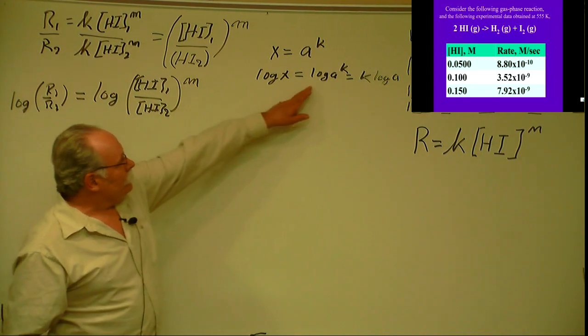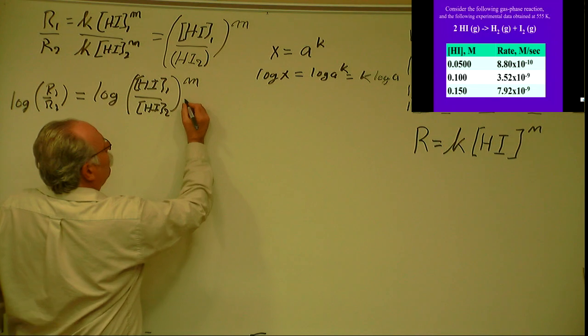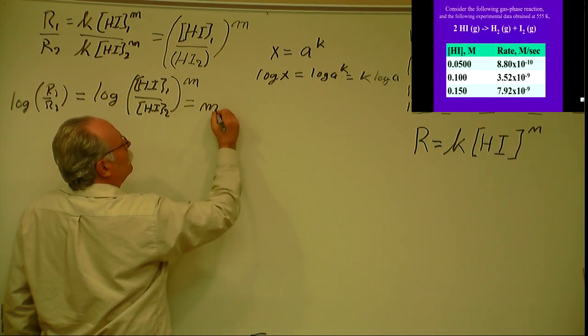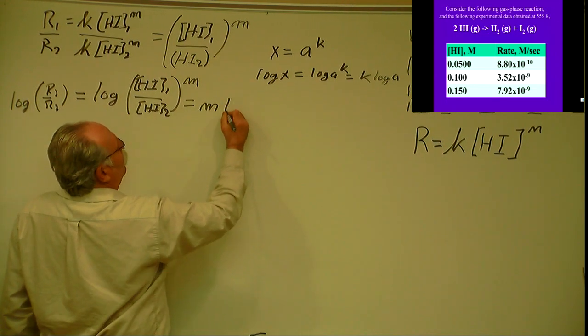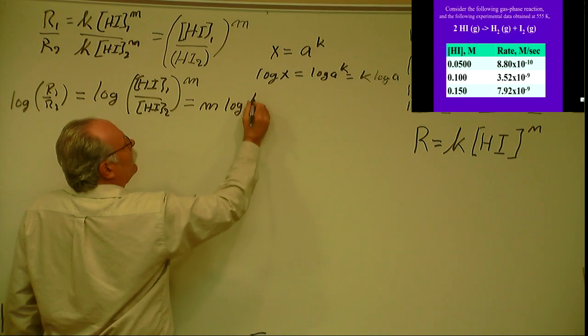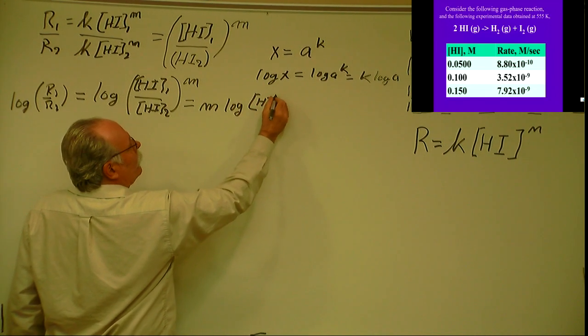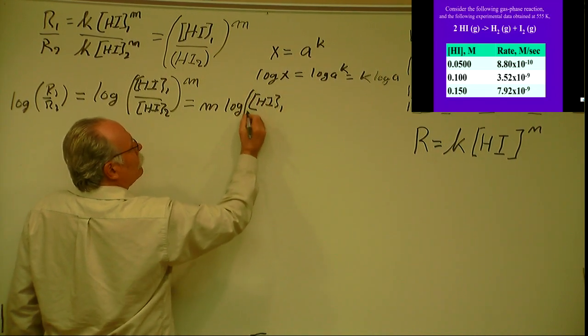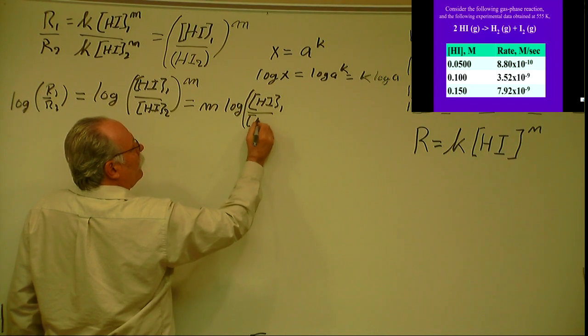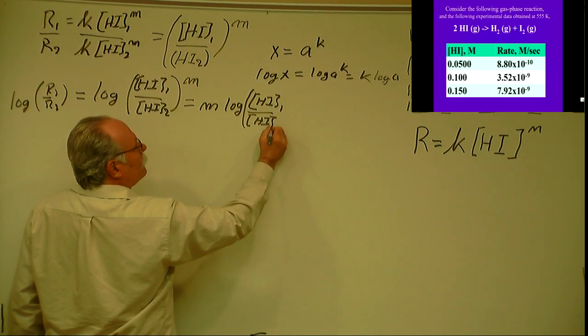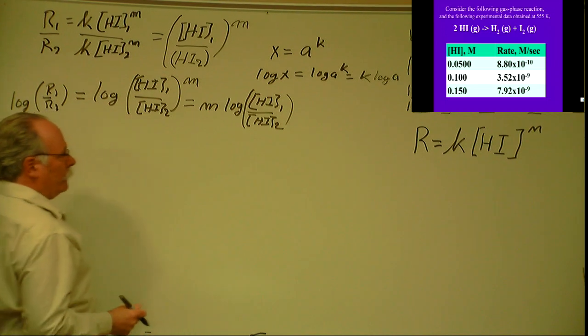And now using this relationship here, which is equal to M on the log of HI1 divided by HI at state 2. Okay?